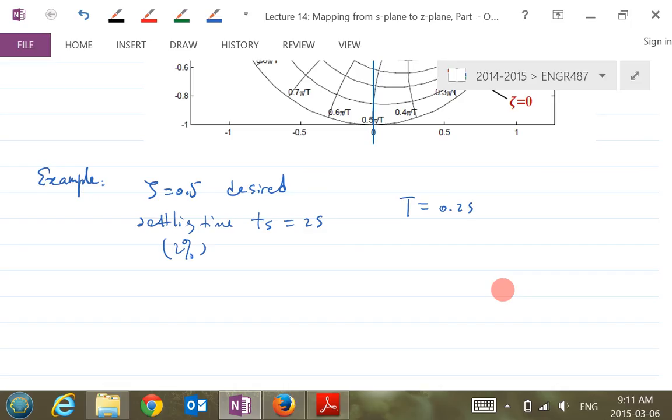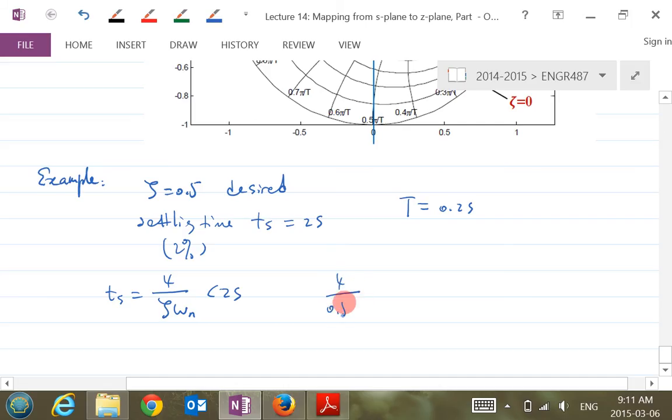So the question basically is, what will be proper discrete domain poles to give us this kind of behavior? Given the settling time Ts, the relationship between Ts and zeta omega n is this, for 2% settling time. We want that to be less than 2 seconds. We have the desired zeta, so plug in zeta 0.5 here.